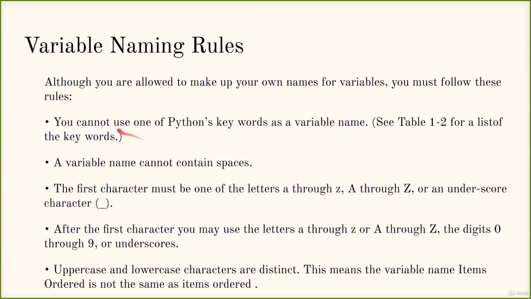The first and foremost rule is that you cannot use one of Python's keywords as variables. We have seen in our previous class what Python's keywords are. They are like class, def, etc. Input is one keyword that we had discussed today.